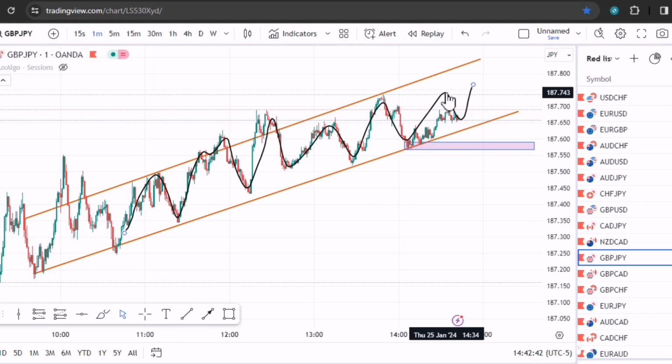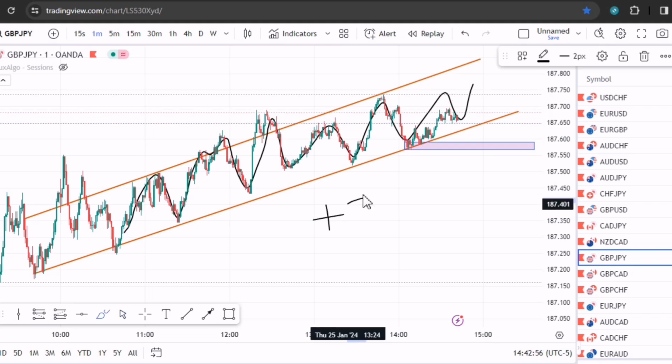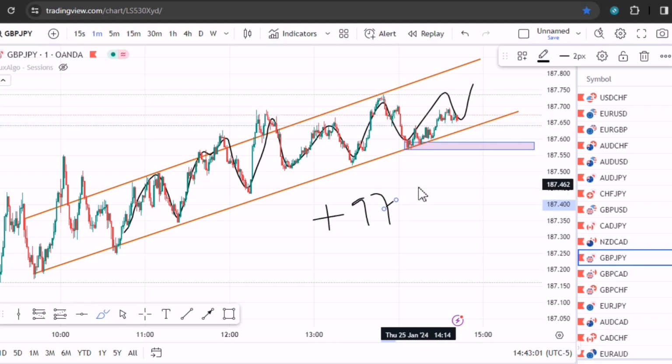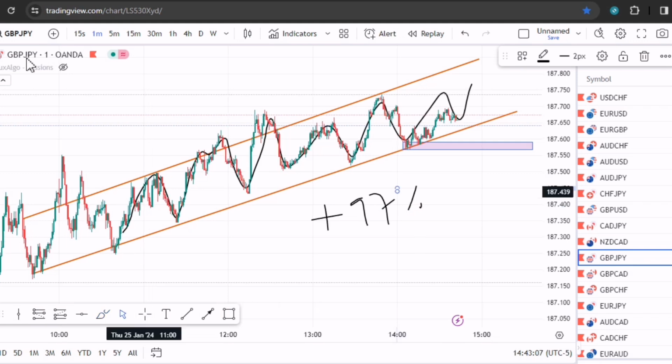And then this pair, if it was a pair, I would say it has a positive correlation, maybe 97%. It means that it is moving almost the same way as GBP JPY.